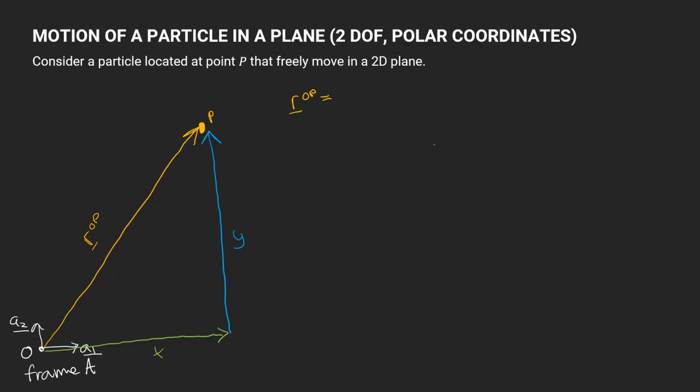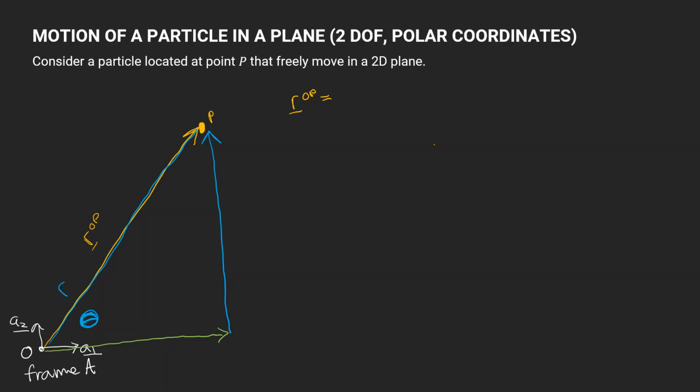In this example, we are going to assume that instead of knowing X and Y, we know R, which is the length of this vector here, and we know theta, which is the angle or direction of that vector.